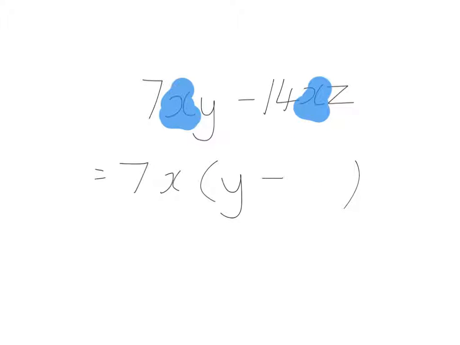So I know that I need to have a 2 because 7 2s are 14. And I'm going to need this one to be z because that will give me 14xz. Remember, you can check your answer by multiplying out your bracket. That will give me 7xy, take away 14xz. I know I'm correct.